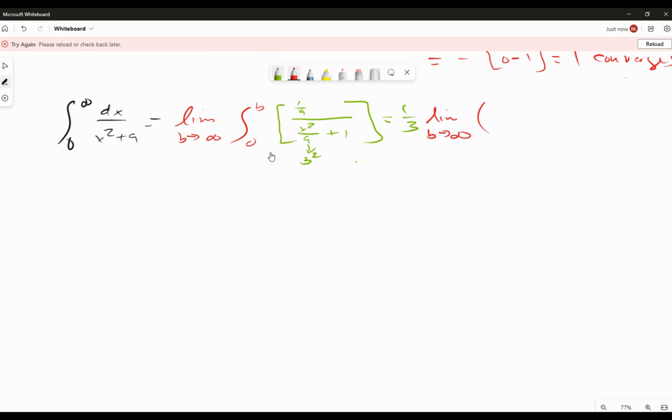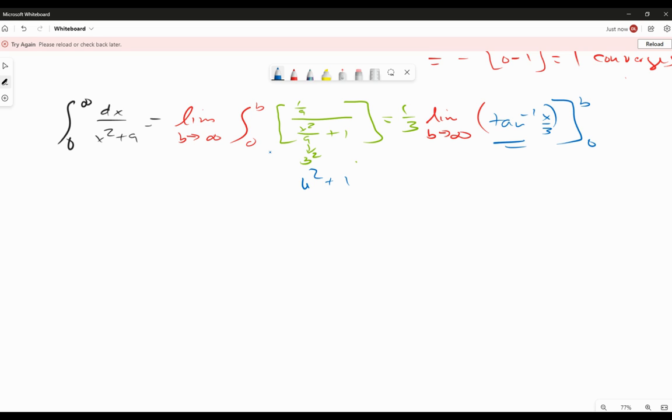Now this is where it changes because we just changed the problem and turned it into our ability to tackle it from a tangent standpoint, because when I have u squared plus 1, this becomes the tangent inverse of x over 3. Okay, so we did all of this to create this piece right here. And that is going to be evaluated from b to 0.